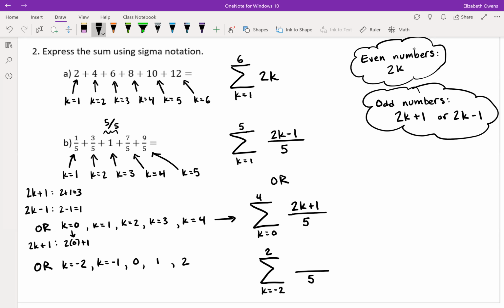And now let's think about the numerator for this one. This one might take me a little while too to think about, since it's one that I haven't personally done yet. But we just want to think about how to get that pattern of odd numbers from these k values, 1, 3, 5, 7, and 9.